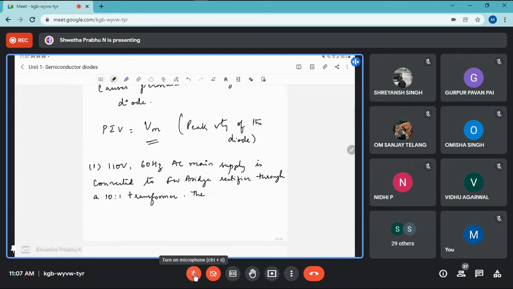The forward resistance, RF, of the diode is given as 6.8 ohms and the load resistance RL is 82 ohms.